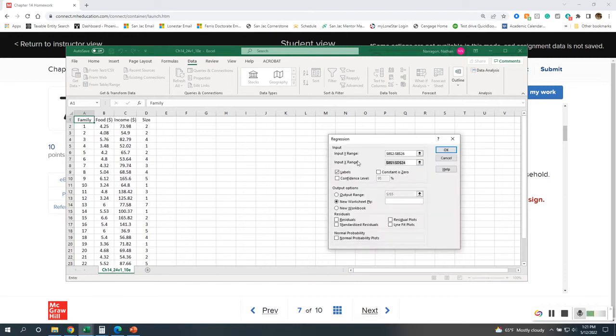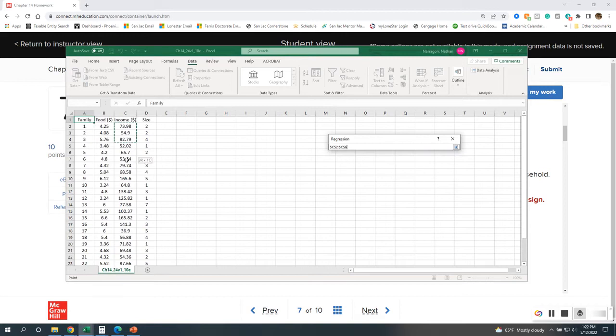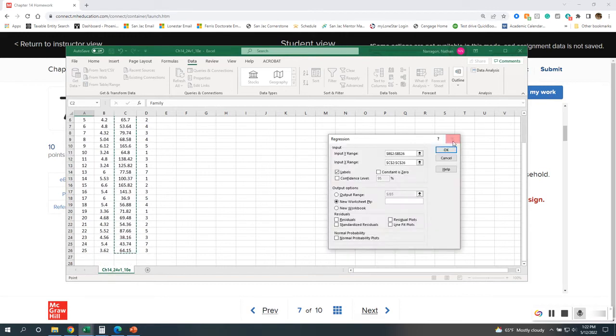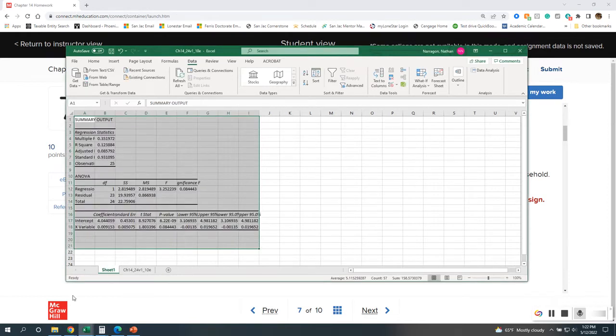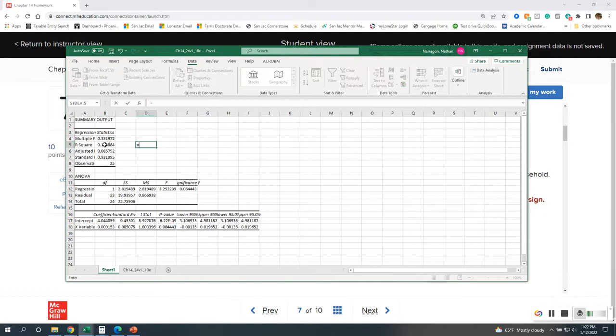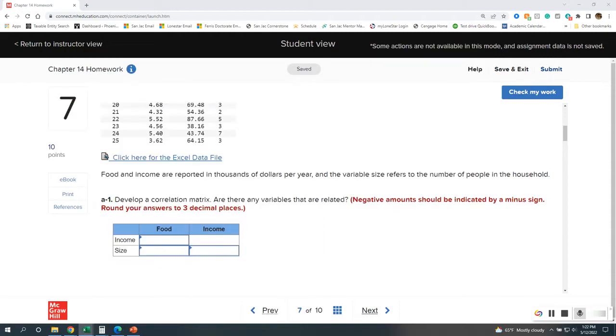So, food, income. Correlation squared equals that. Oh, square root. So 0.3519.